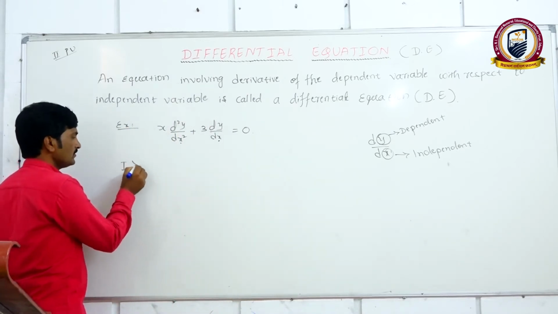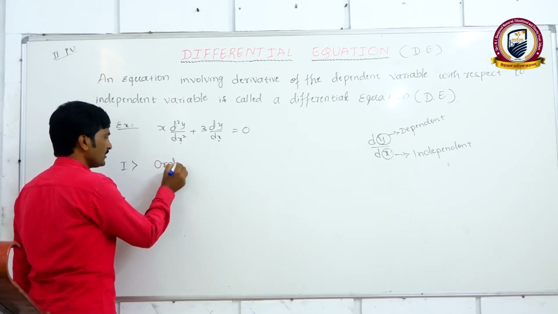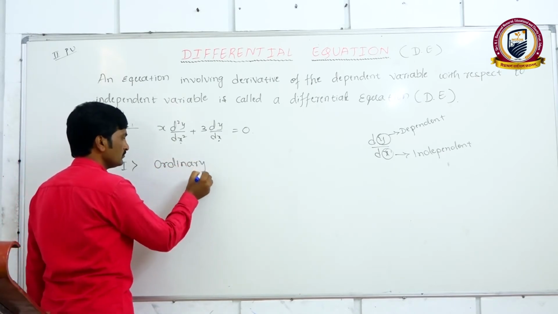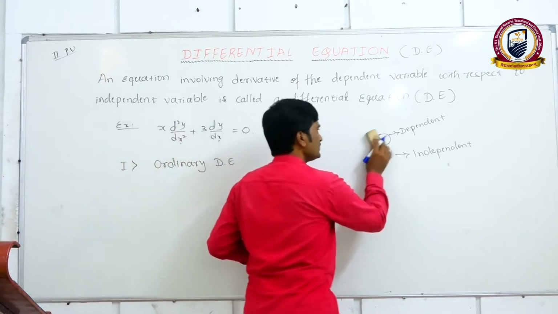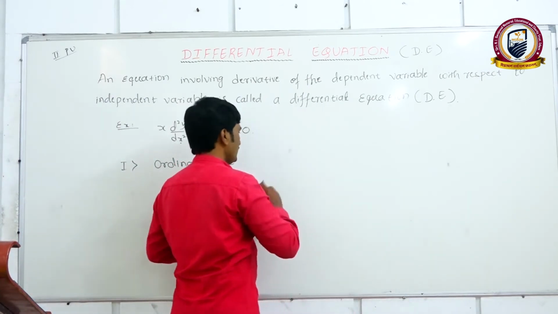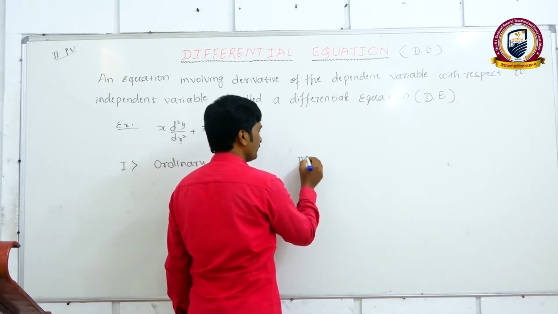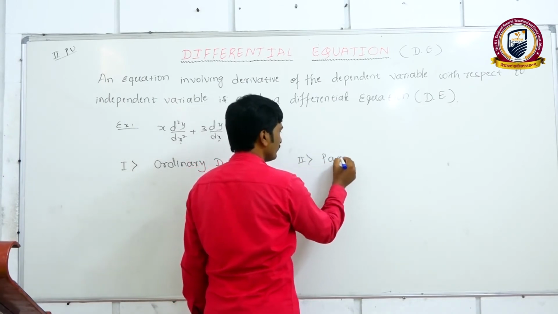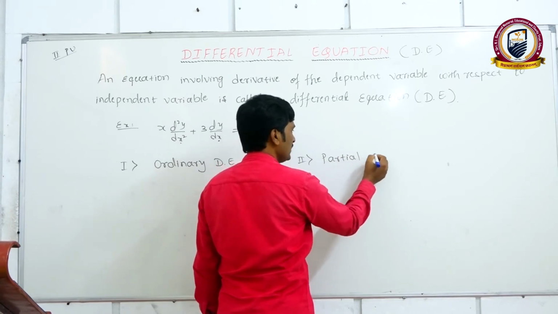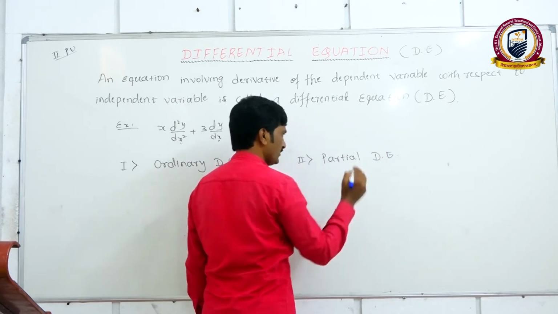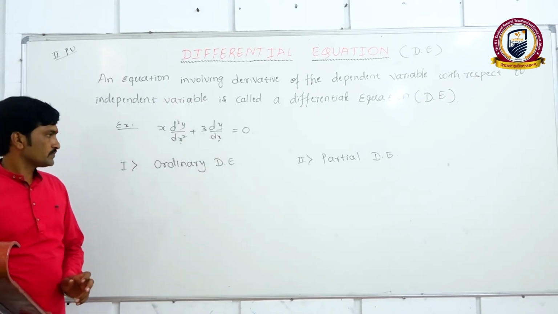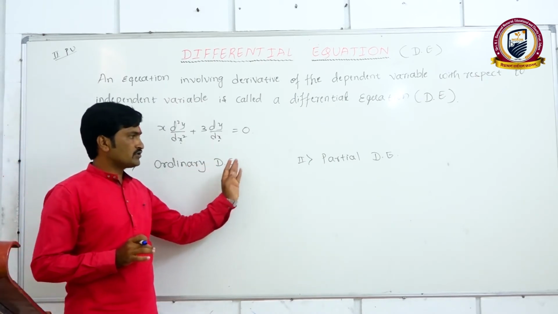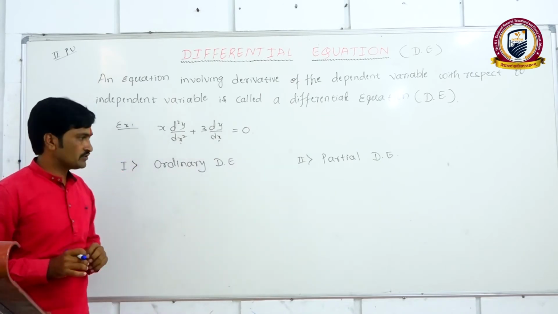One is ordinary differential equation and another one is partial differential equation. So we have two types of equations: ordinary differential equation and partial differential equation.